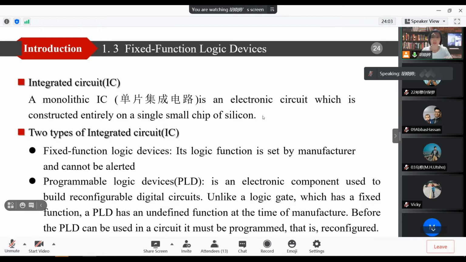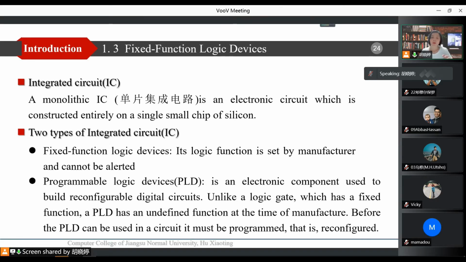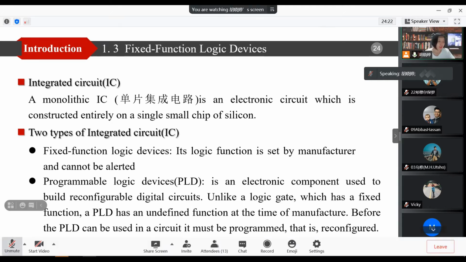In this circuit, we collect some components, for example, transistors and diodes, or resistors and capacitors, into one chip. So we call that circuit the integrated IC.